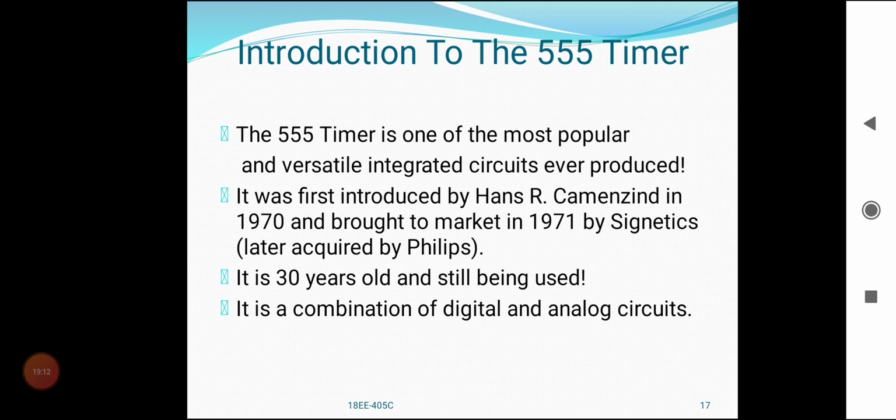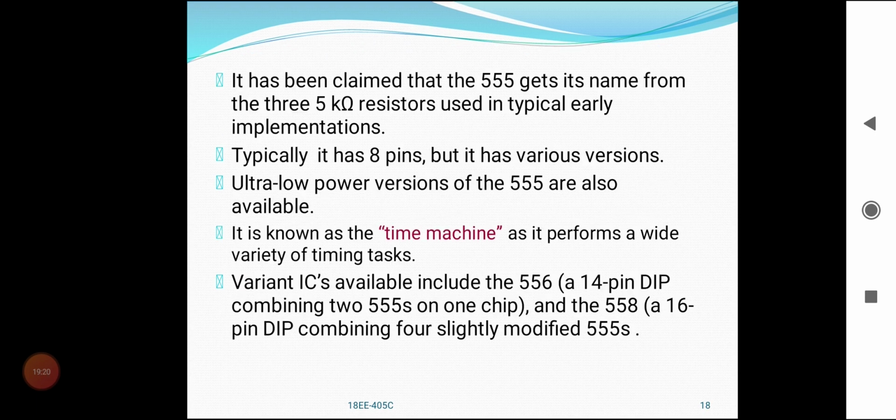It is 30 years old and still being used. It is a combination of digital and analog circuits. It has been claimed that the 555 gets its name from the 5K ohm resistors used in the typical early implementation.